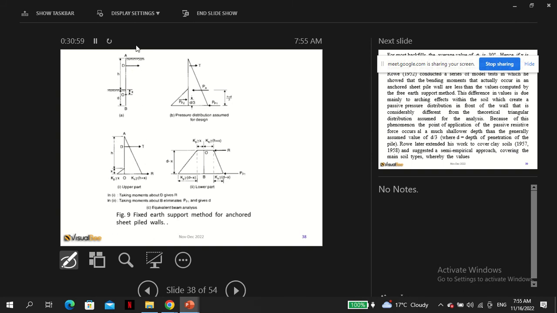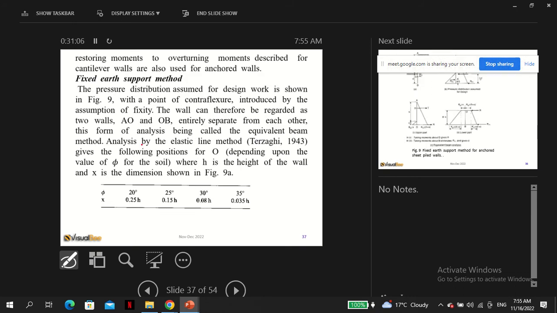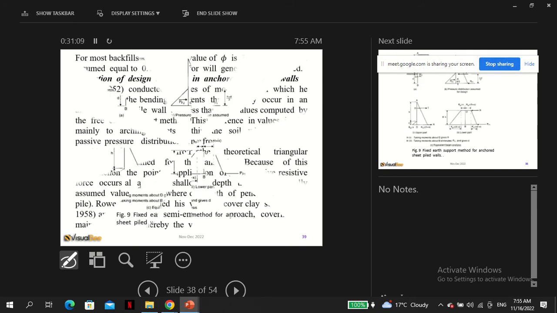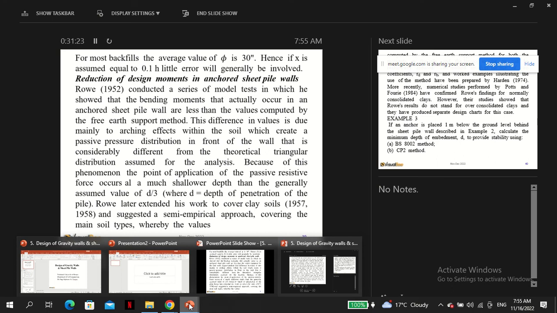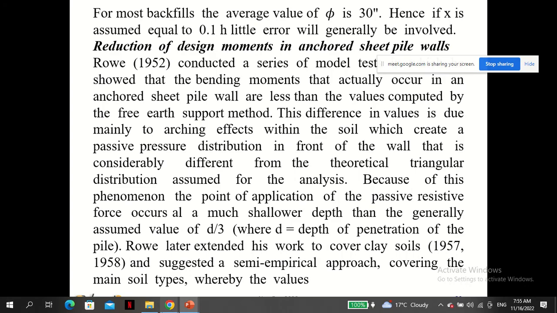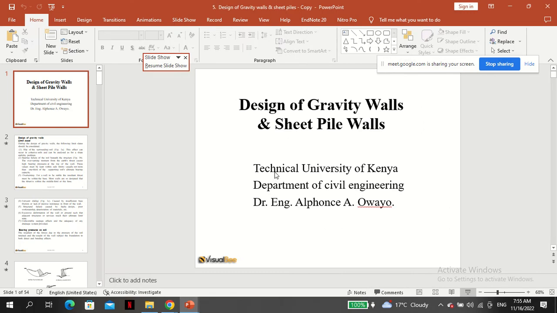These are based on different values of phi. You can see the various values of the position of x. For most backfills, the average value of phi is 30 degrees. Hence, if x is assumed equal to 0.1h, little error will generally be involved. Because of the complexities, we like simpler ways of estimating these values.